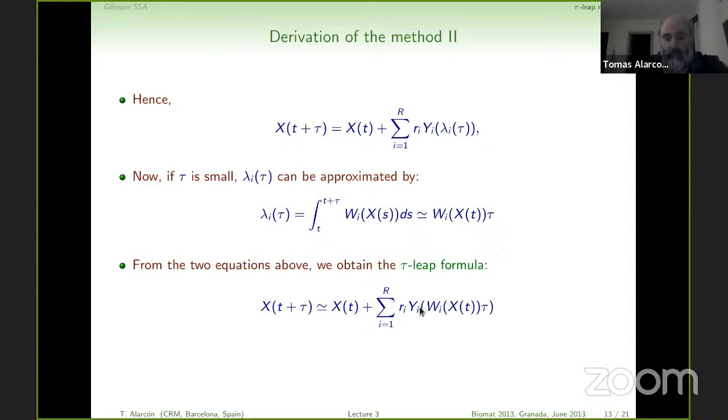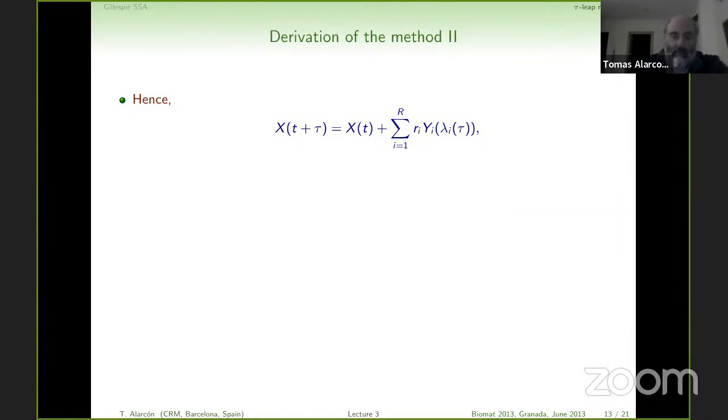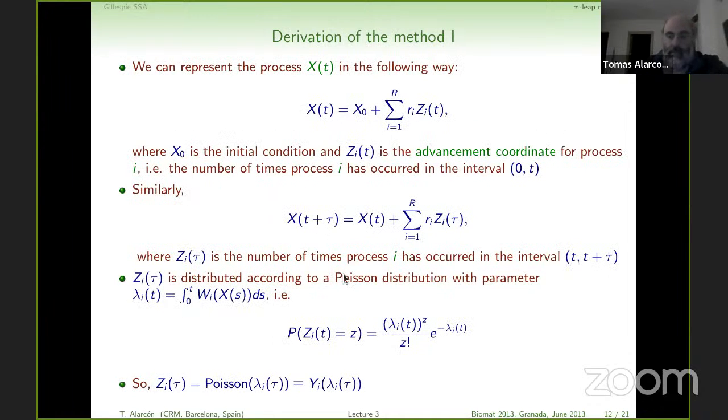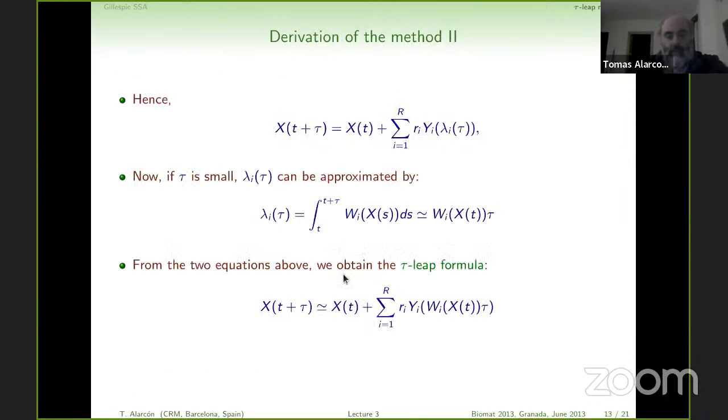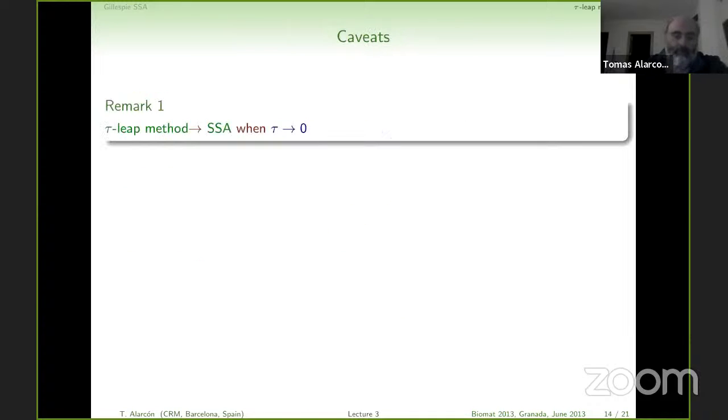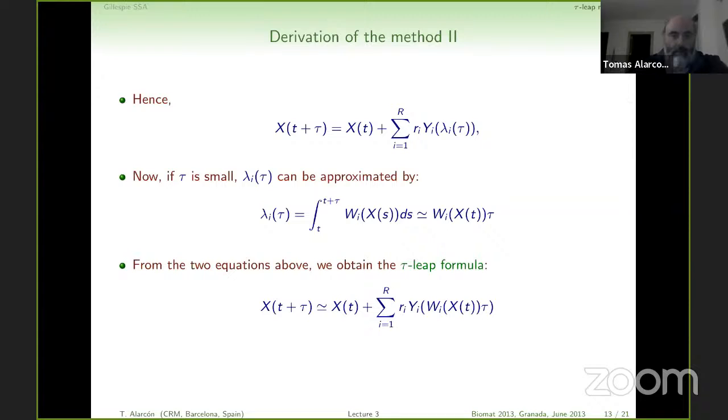Therefore, we can sample this from the Poisson distribution, and therefore we can give an estimate of the state of the system at time t plus tau. So now the trick here is that I haven't told you how to choose this tau, so this could work.